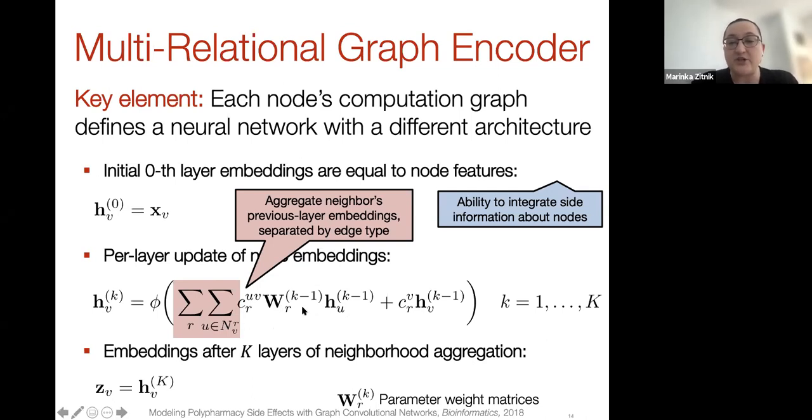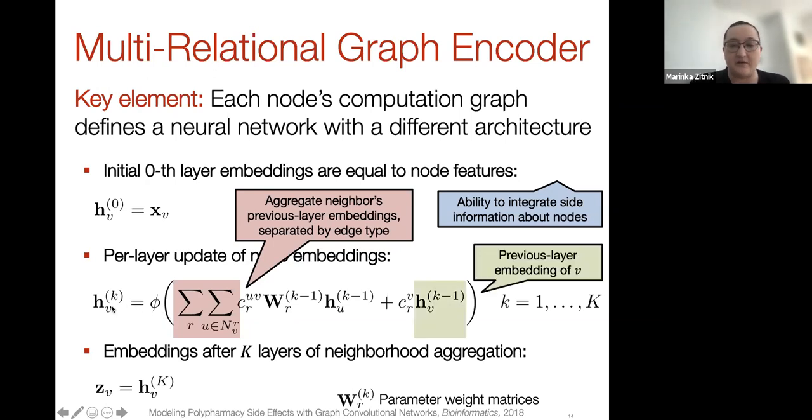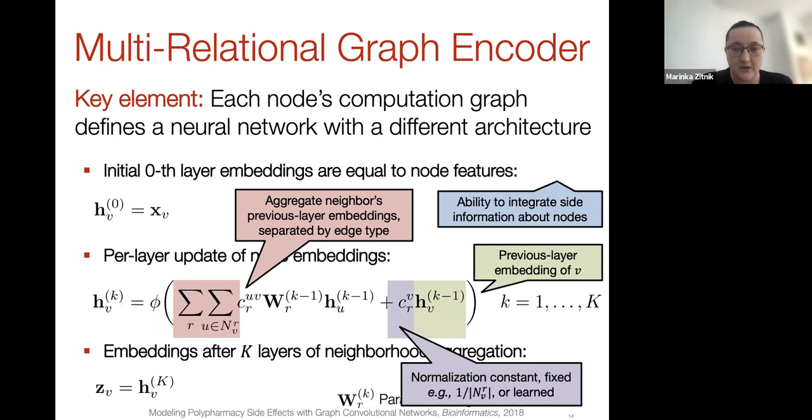That information is combined with the embedding that node V had in the previous layer, K-1, and everything is passed through a nonlinear activation function to arrive at an embedding for node V at layer K. The constants C that you see here are normalization constants. In 2018, the state of the art was to simply normalize for the degree of the nodes. Today, one would use learnable weights, in particular an attention mechanism.